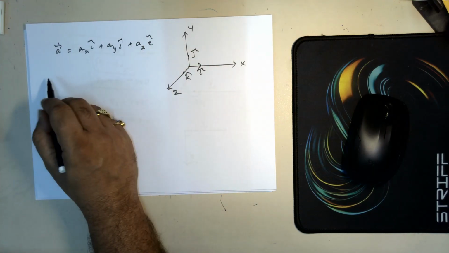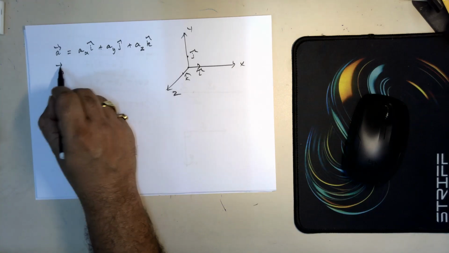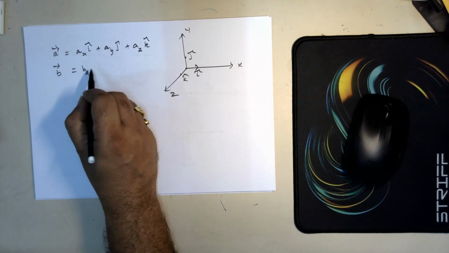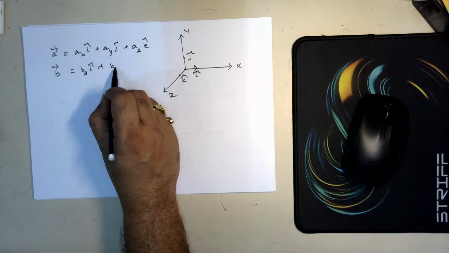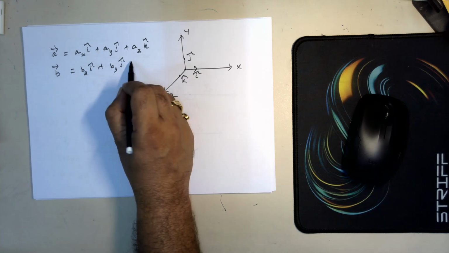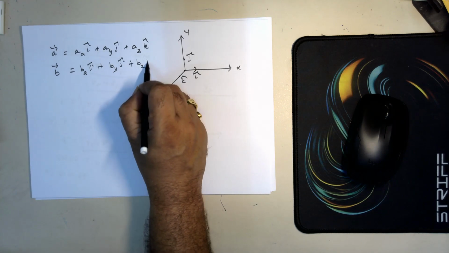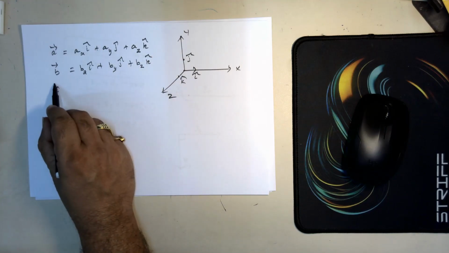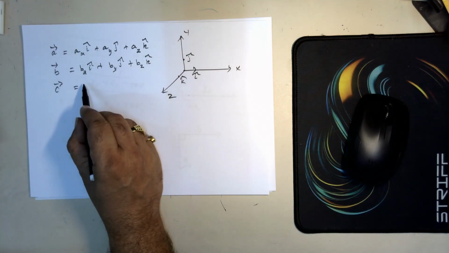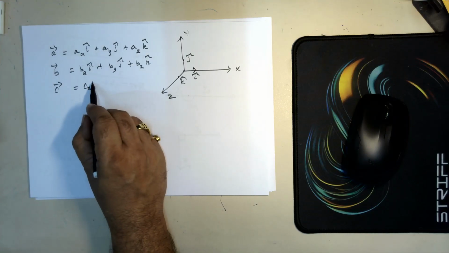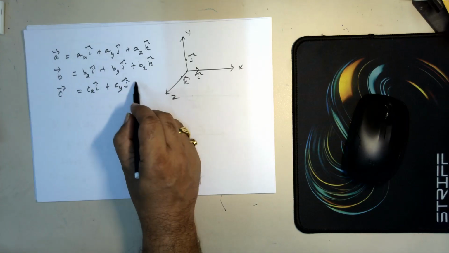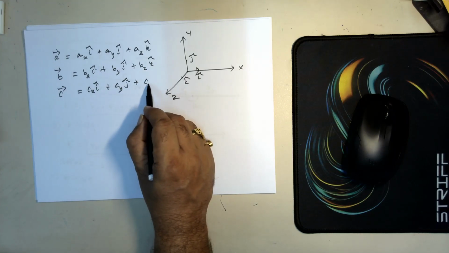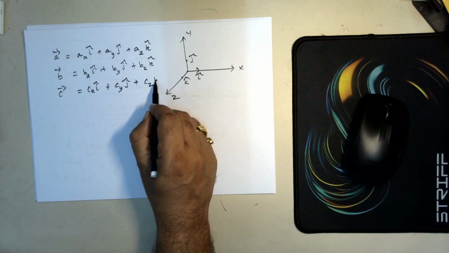So can you tell me similarly B: B x i cap plus, tell me, B y j cap, B z k cap. And again for the C vector, tell me: C x i cap, C y j cap, and then C z k cap.